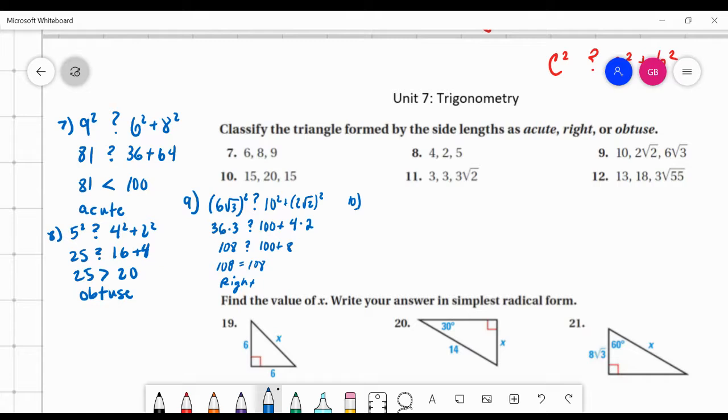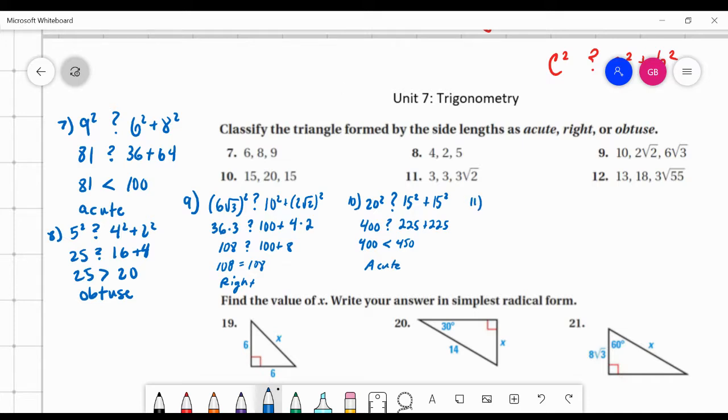Okay, number 10. 20 squared, 15 squared plus 15 squared. So 400. 15 squared is 225 plus 225, that's 450. So 400 is less than 450, so this one is acute.